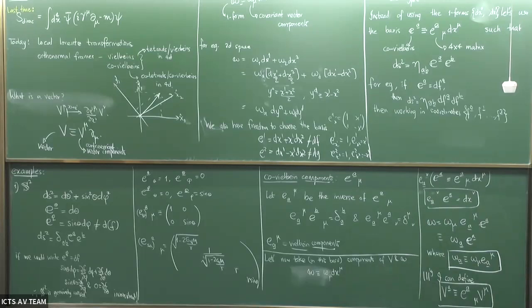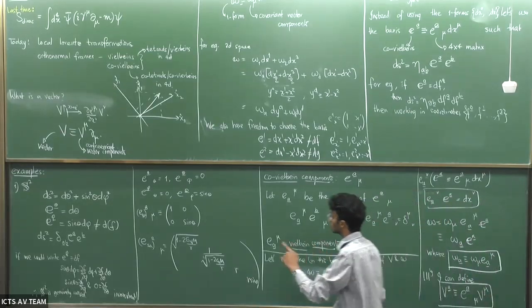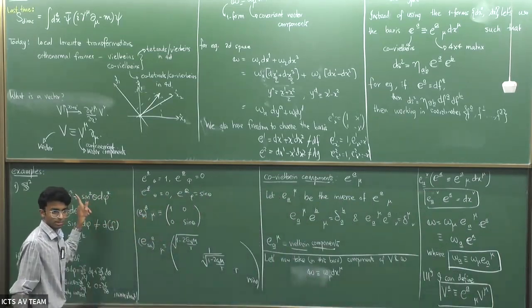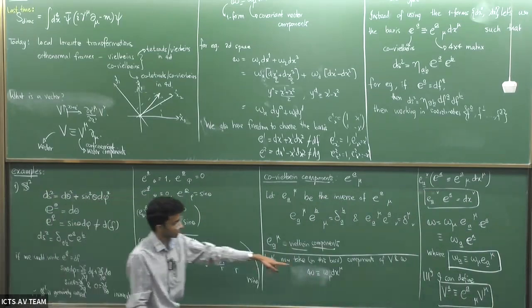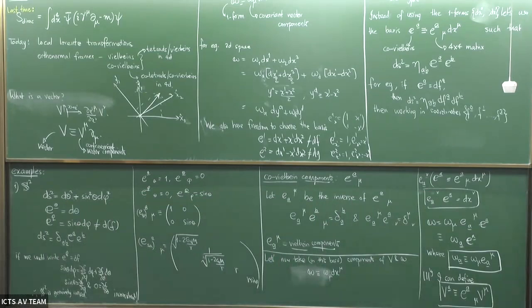So that's how you take components. Now let me show you a different thing. I already showed you here that if I give you this matrix, the metric is specified. Let me just write that down more generally with this notation that I've introduced.